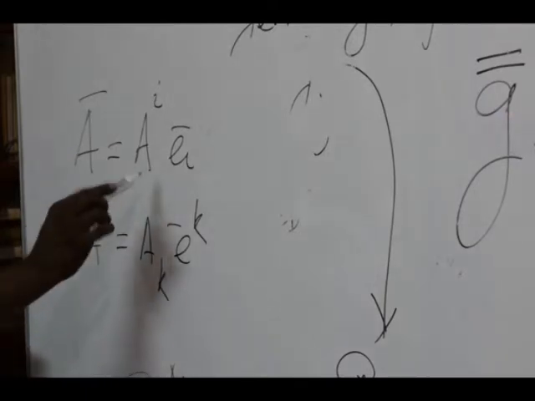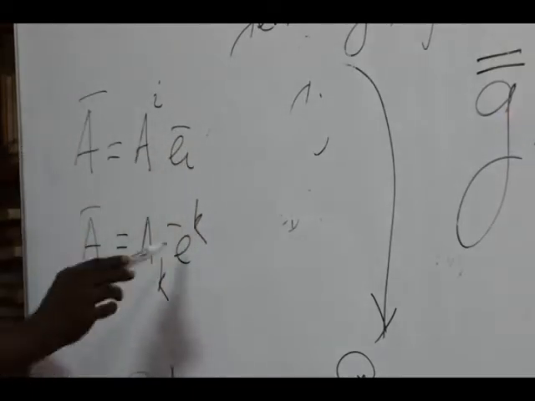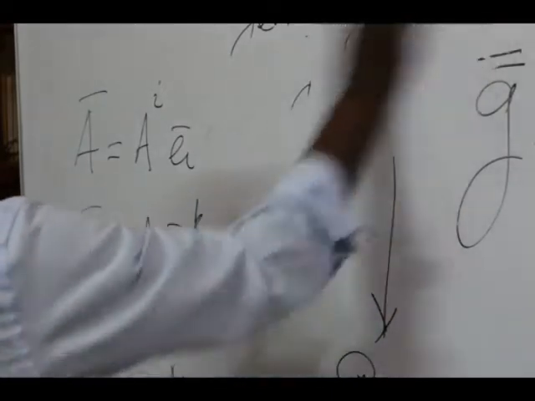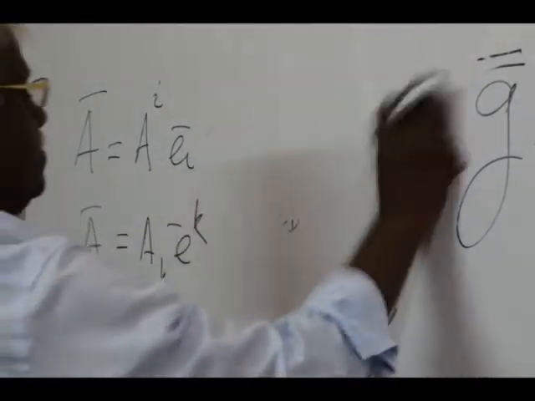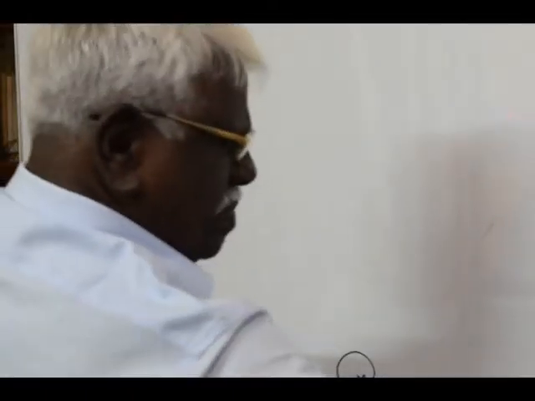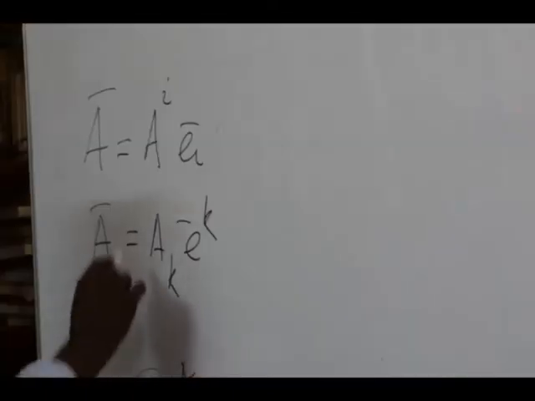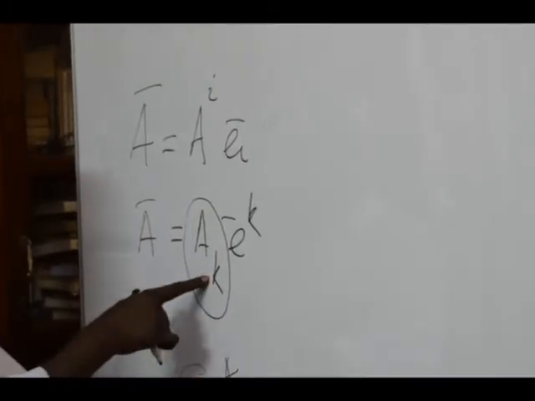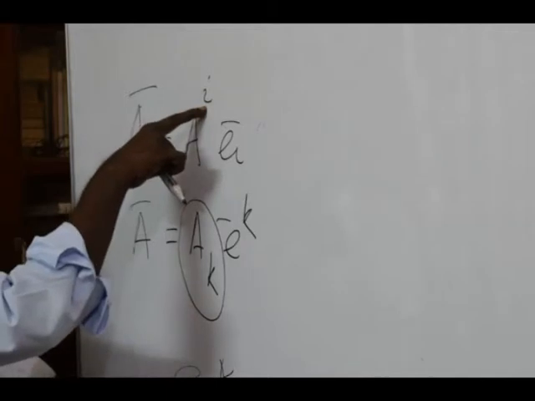This is with respect to the basis Ei, and this is with respect to the basis Ek. The same vector. This AK, K is the subscript here, and I is the superscript there.